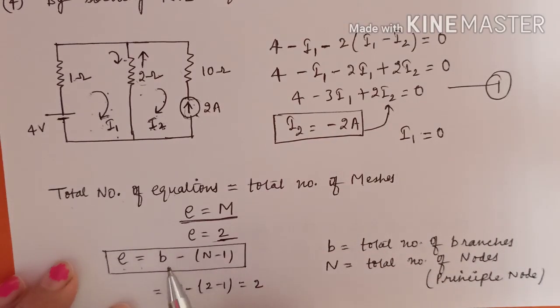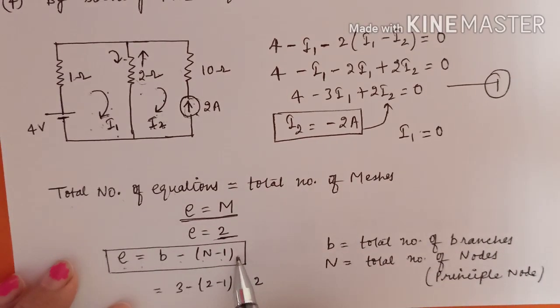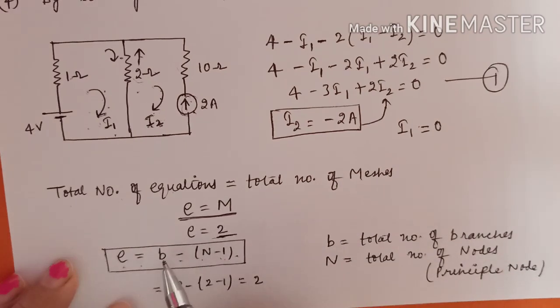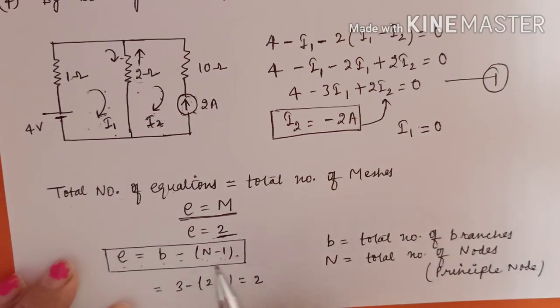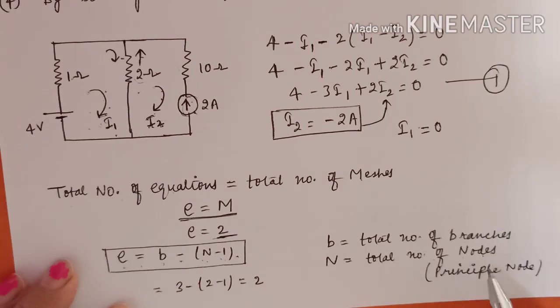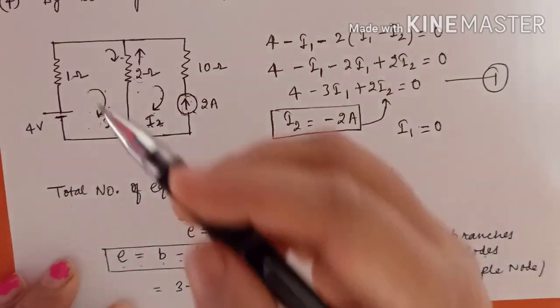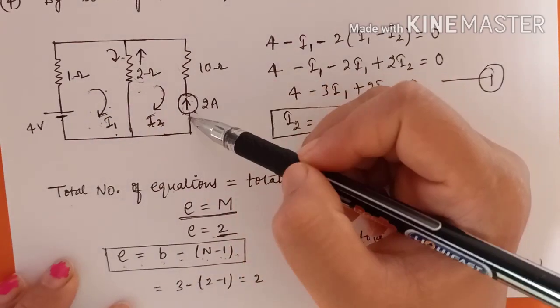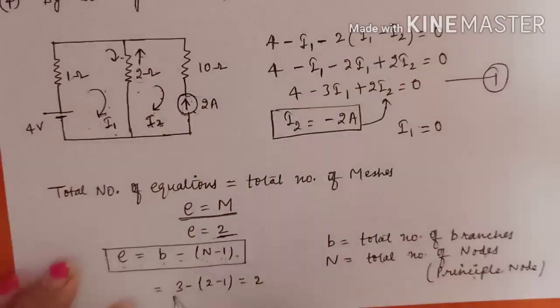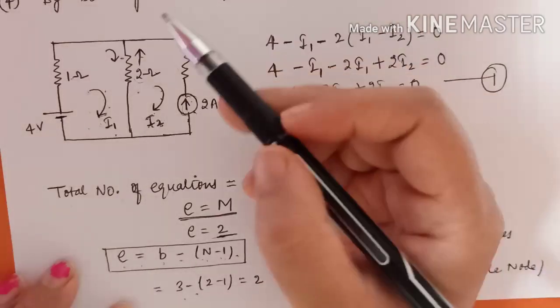Also equations equal to b minus n minus 1. This formula you can also apply. What is b here? b is the total number of branches and n is the total number of nodes, that is principal nodes. Clear? Means how many branches are there? One branch is this, one branch is this, and another branch is this. So there are 3 branches, so 3 minus how many nodes are there?